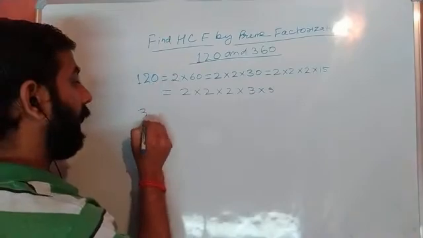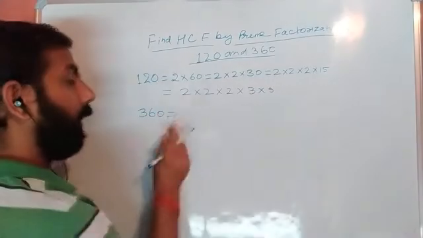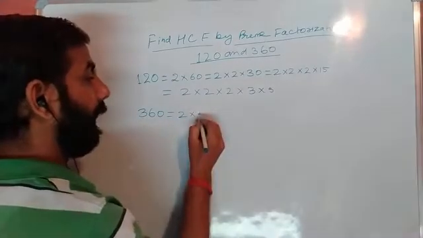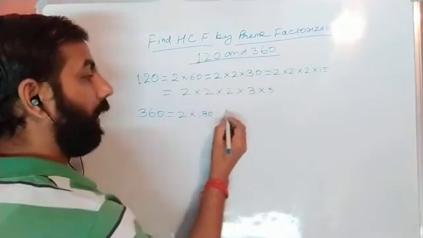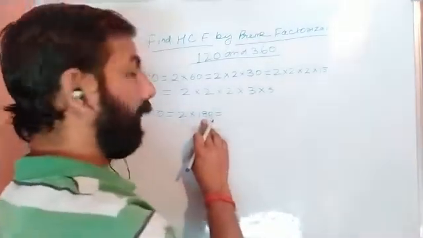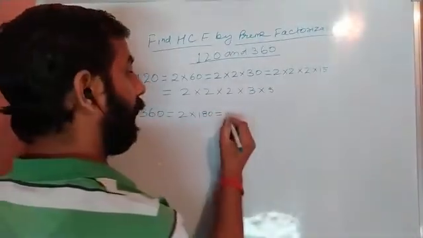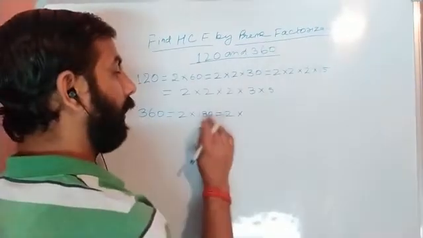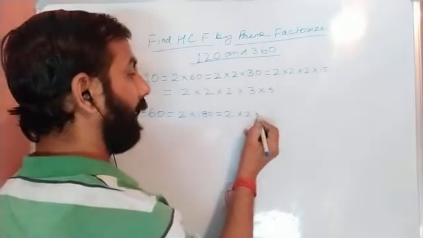Now about 360. We will divide it by 2. It will be 180. Again we will divide this 180 by another prime number. So we will carry this 2 into 90.